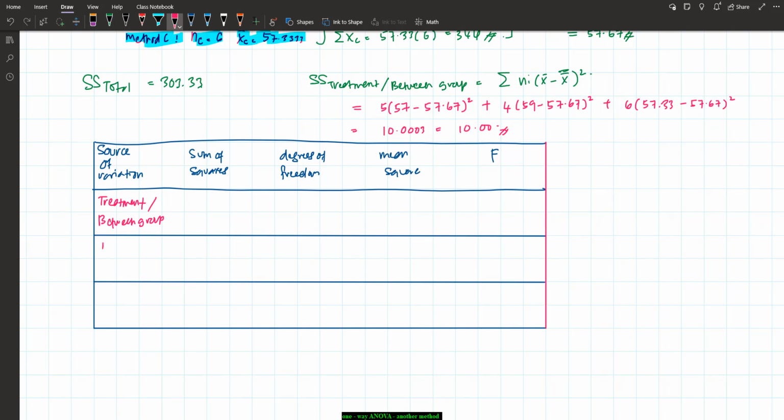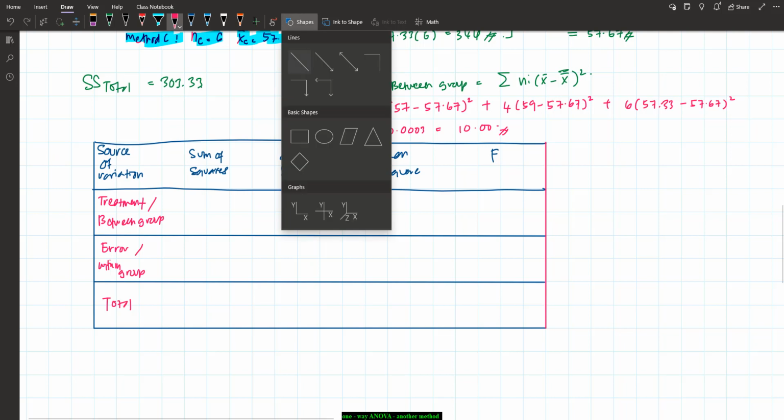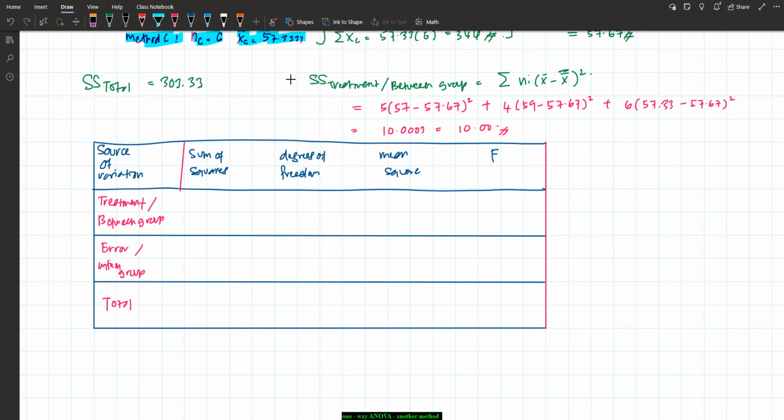And then the second one is error, also known as within group, and the last one is total. Okay, so put some space here.